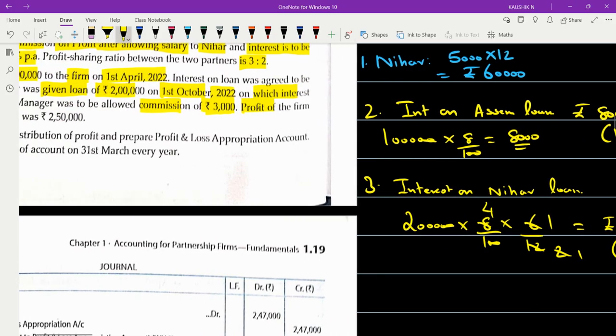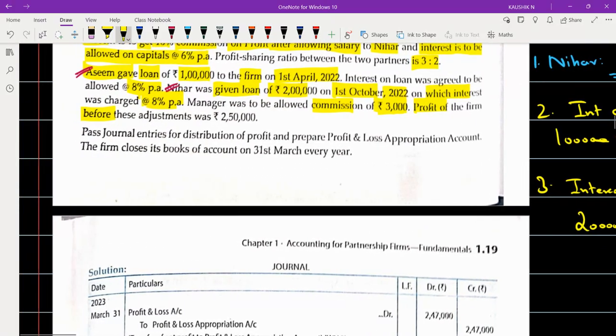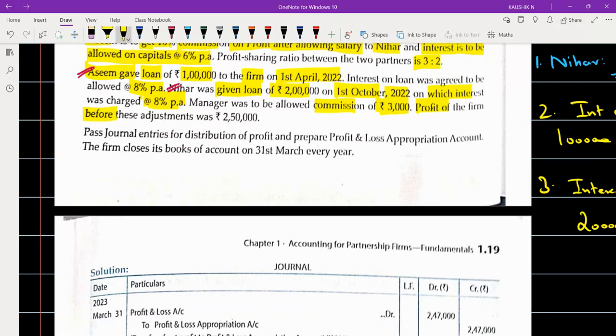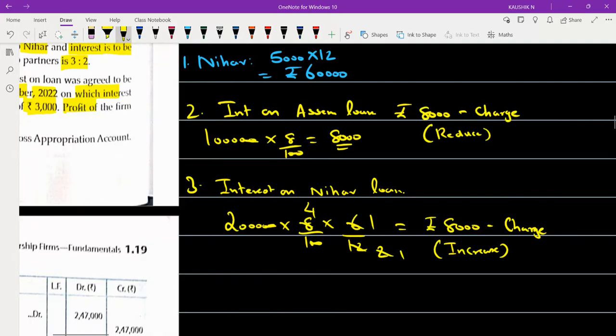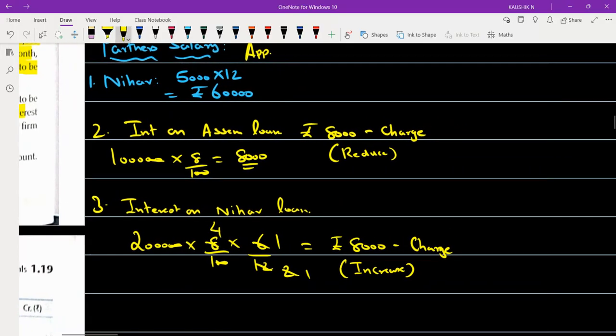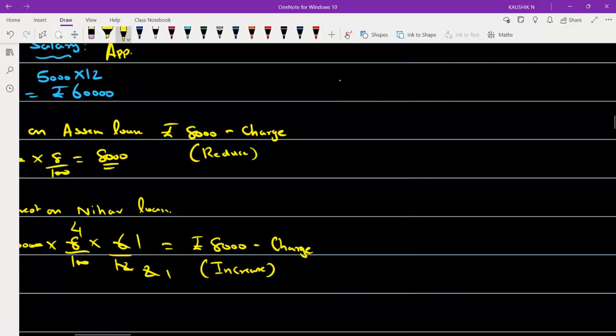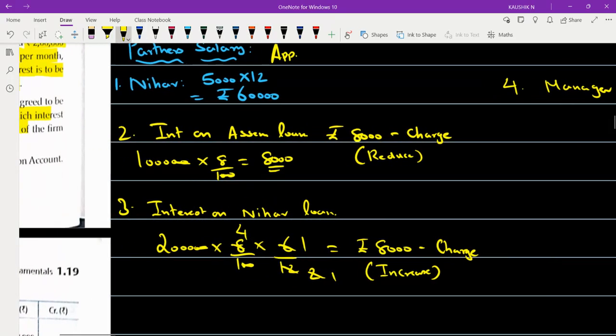The next one, you have been given very clearly that manager was to be allowed a commission of rupees 3,000. So the manager's commission. Tell me whether manager's commission is a charge or appropriation.